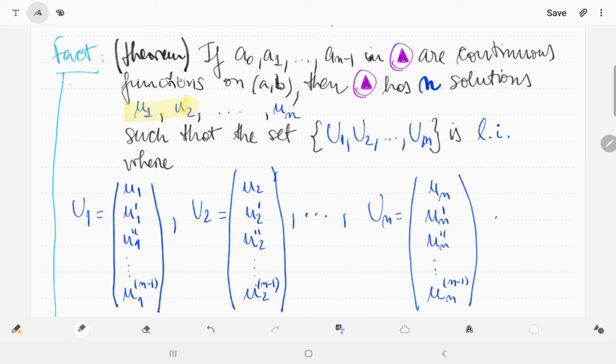To prove that these solutions are a fundamental set of solutions, we need to check that the set capital U1, capital U2 is linearly independent. And here we have how to build these vector functions. So that's what we are going to do.